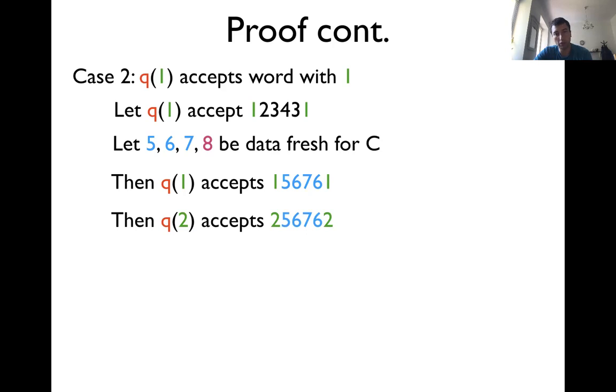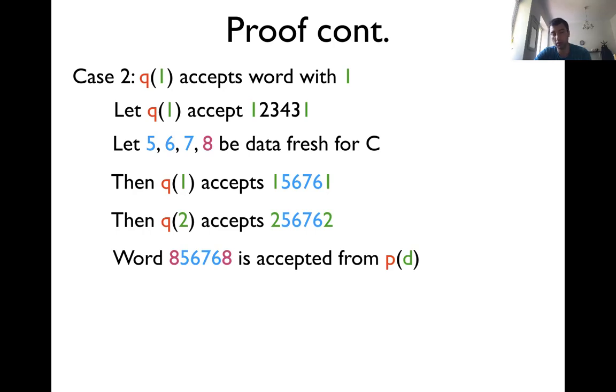But we can look at what if we change this 1 or 2 into another fresh data value, let's say 8. So we have this word 8, and then 5, 6, 7, 6, and then 8. And it also has to be accepted because our register automaton is universal. It has to be accepted from some location.